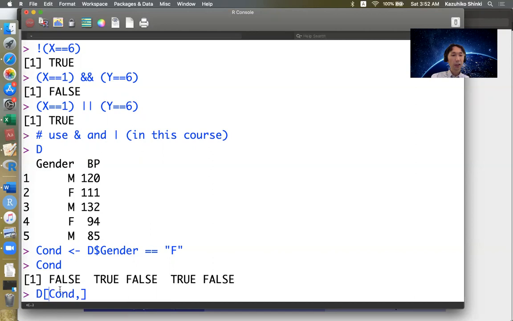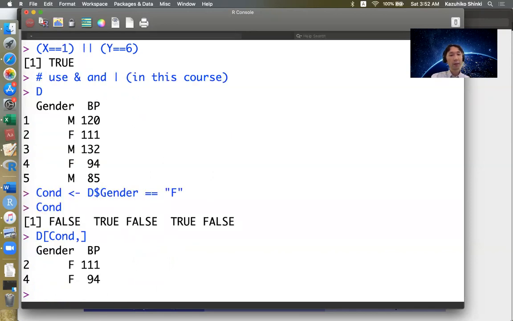Then we can extract the rows which satisfy the condition TRUE. So D with COND in brackets returns this output, which only includes the female. So this is how to do conditioning. This is extremely useful when you are handling data sets.